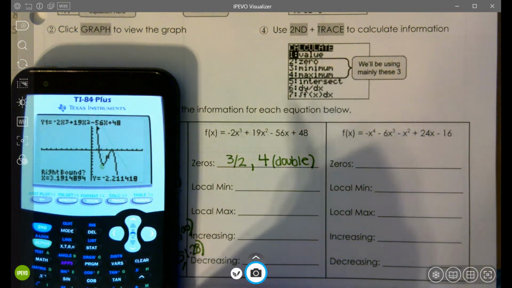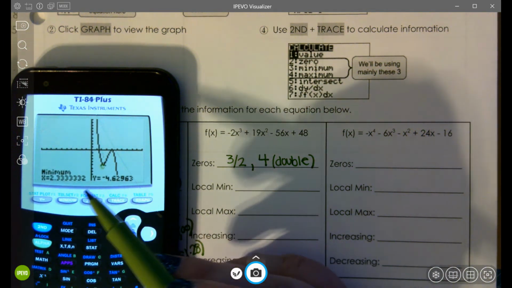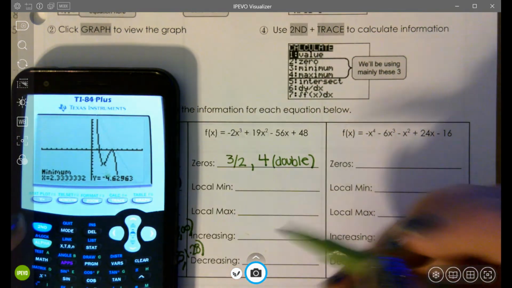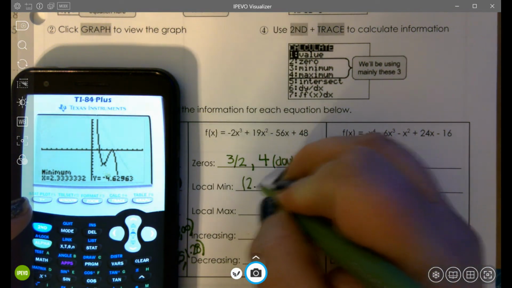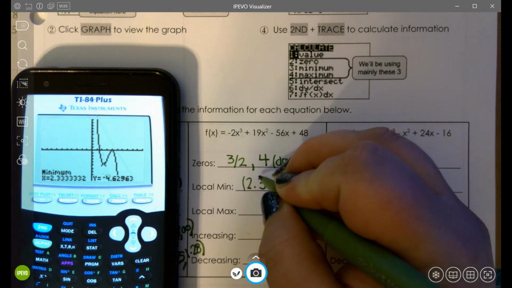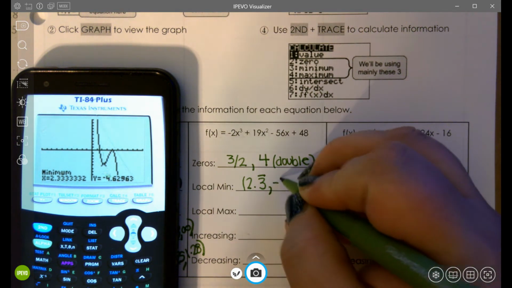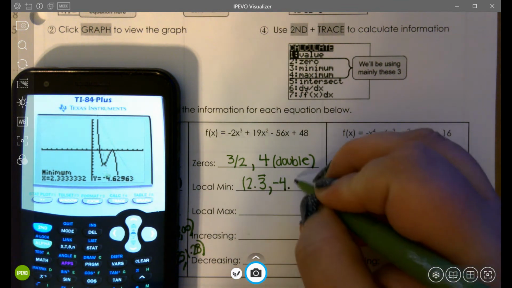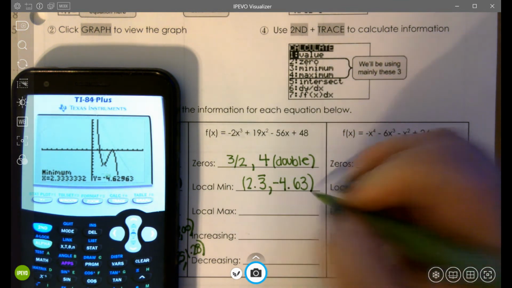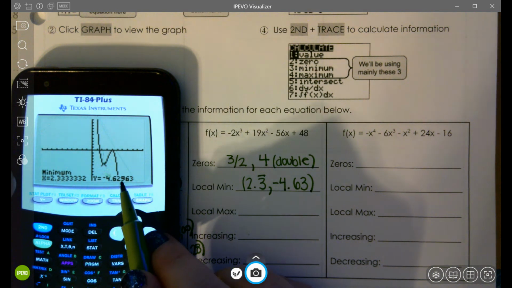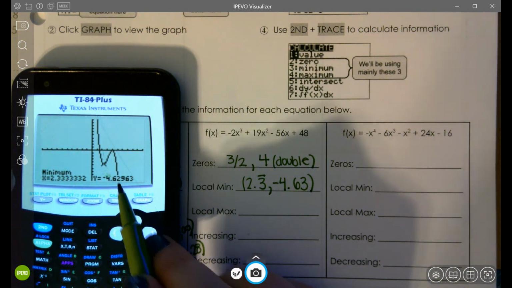Hit enter. It's going to tell you to guess. Just hit enter again until it actually says minimum, which is at 2.3 repeating, negative 4.63. That 9 rounds this to 6.3 instead of 6.2.